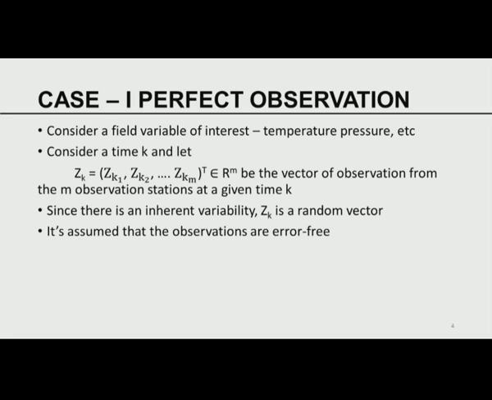So at that time k, there are m observations of the scalar field variable, temperature, pressure, whatever, and I have an m vector. The components of the vector are zk1, zk2, ..., zkm, an m dimensional vector at time k, zk. These are the observations that are available from the m observation stations.